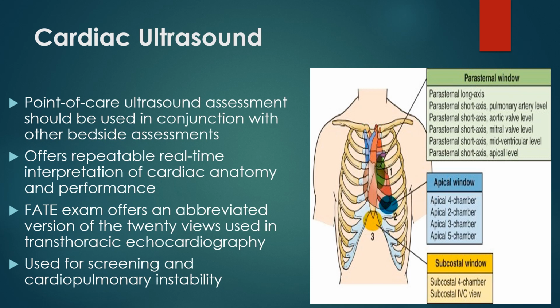But through the FATE, the FATE pretty much aims at comprehensive assessment of hemodynamics, Doppler ultrasound, diastolic dysfunction, severity of heart valve diseases, and even more. But again, this presentation addresses the basic FATE protocol.